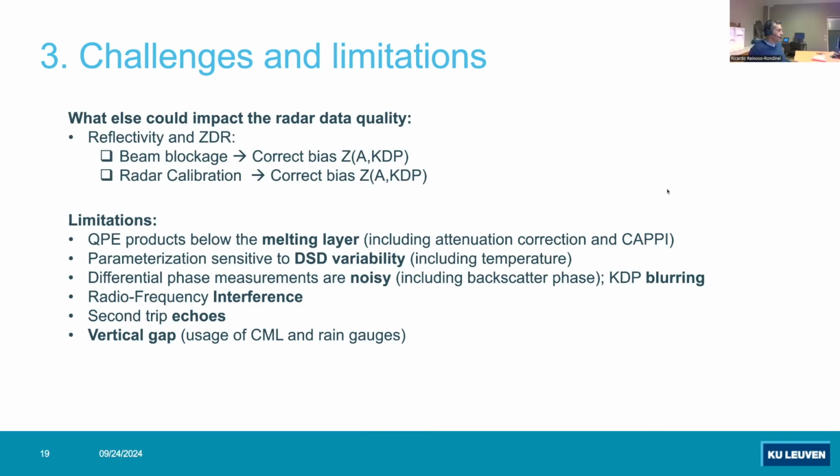So for example, for the interference, once you have the moments, so when you have KDP and reflectivity, you cannot filter those anymore. I mean, you could filter, but then you will lose a lot of areas. You will remove rain as well, so you don't want to remove those areas of rain. But if you take a look at the spectrum signature, in the spectral domain, before you integrate to obtain one value of reflectivity, that's the moment in which you could see the contribution of different echoes from different frequencies.